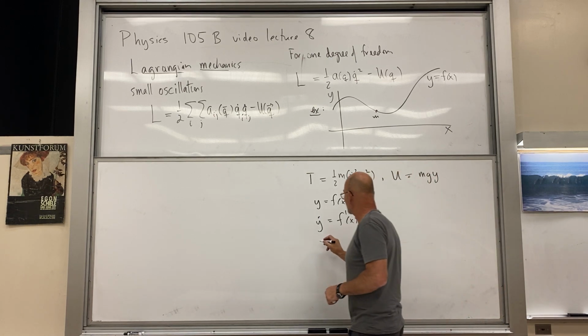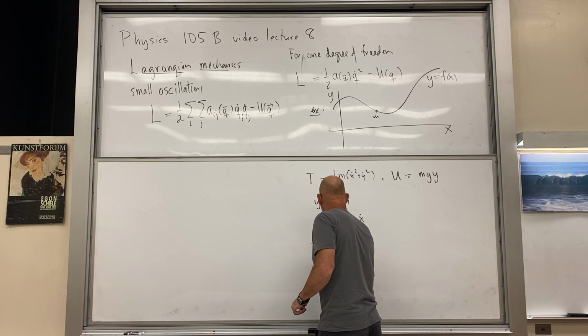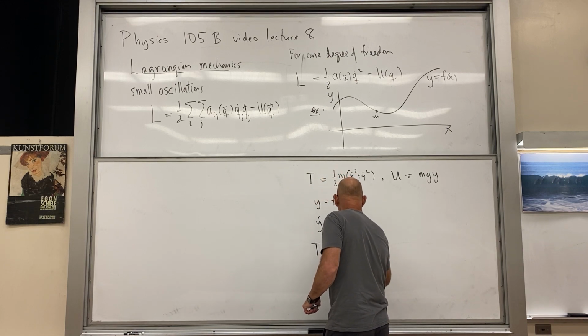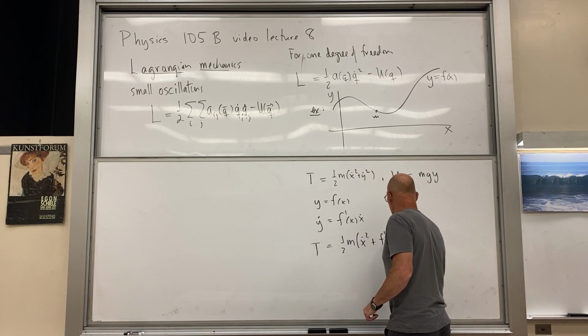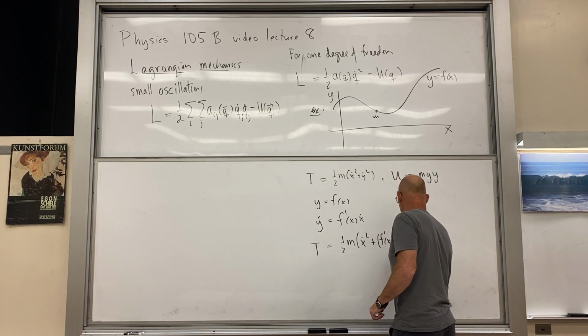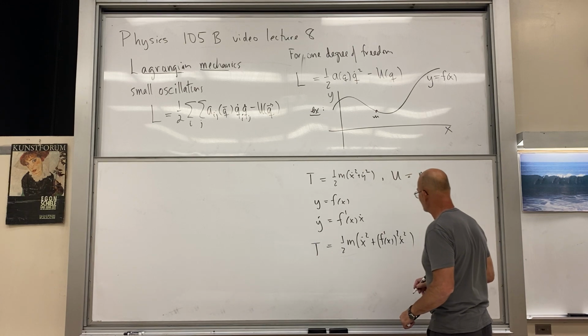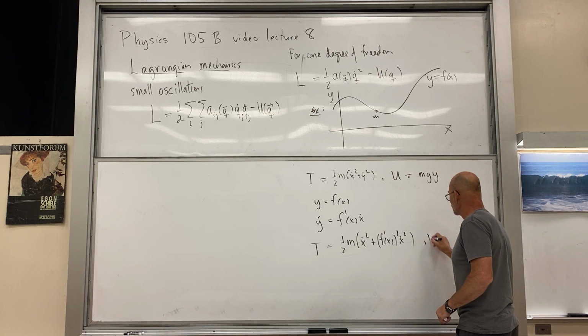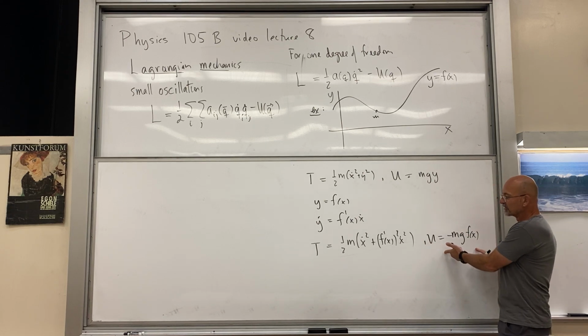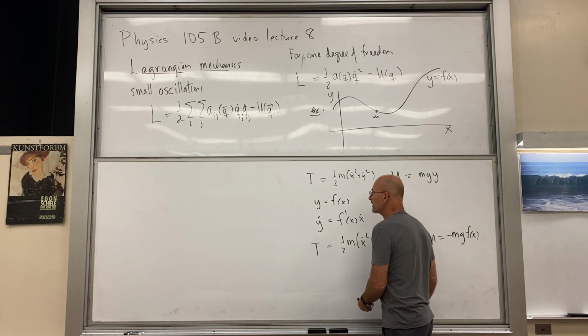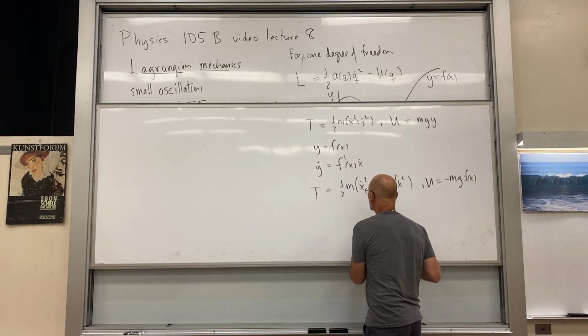So we have T equal to 1/2 m x dot squared plus f prime of x squared x dot squared. U is equal to mg f of x. So now we have the ingredients. Okay, we'll go ahead and here.